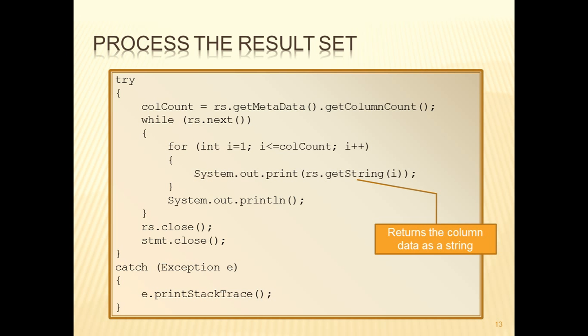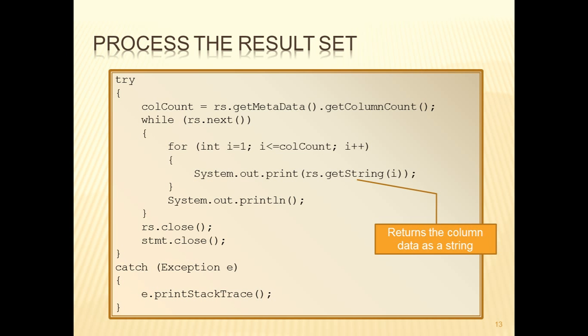Now, getString returns the data in the column as a string, whatever kind of value that is. So even if it is, let's say, a person's age, or it might be a count of how many children they have, or whatever it might be, if it's an integer, calling getString will still return it as a string.